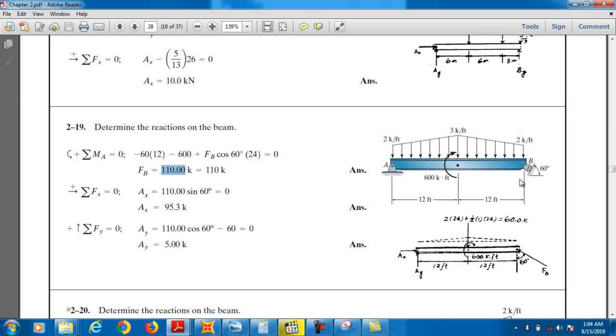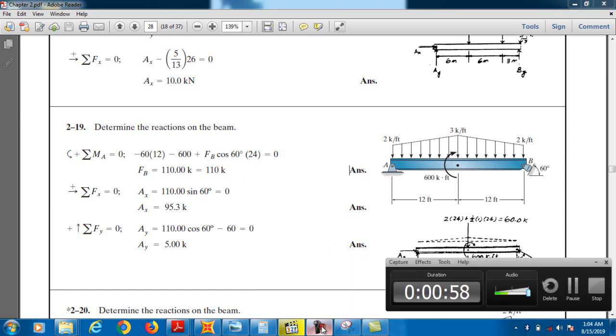So now we need to analyze this simply supported beam, and we need to determine the reactions at this point, this point and this point. This is the example.